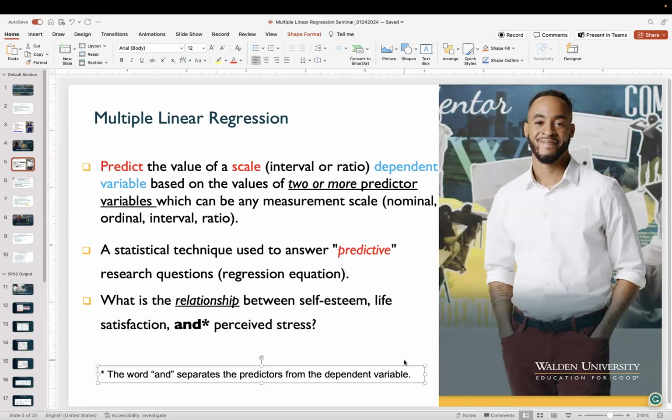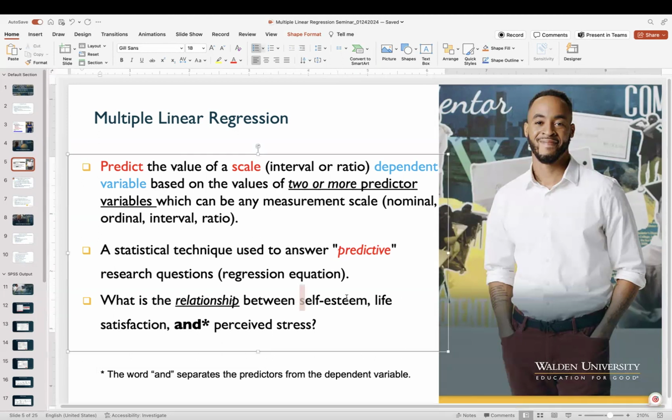So for example, we have a question down here in the last bullet. What is the relationship between, and I have self-esteem, which I'm using as one variable, and in this case, life satisfaction, that's another variable, and perceived stress.